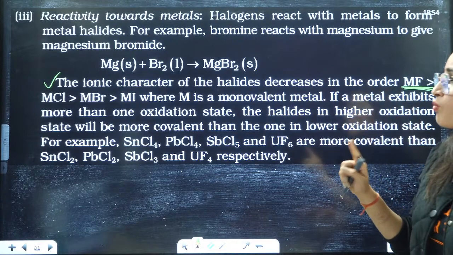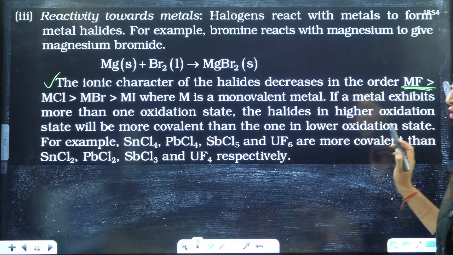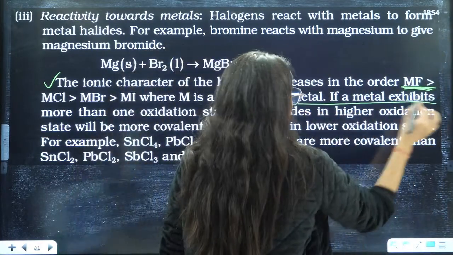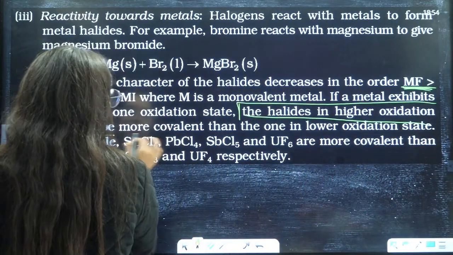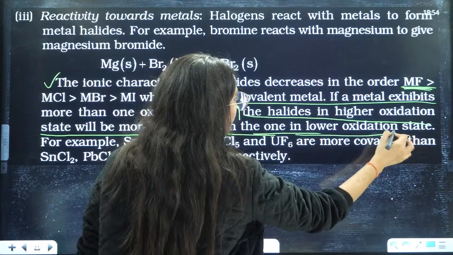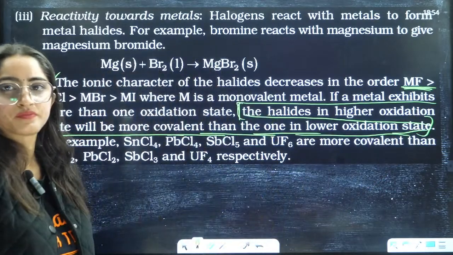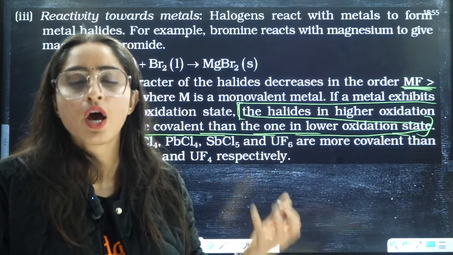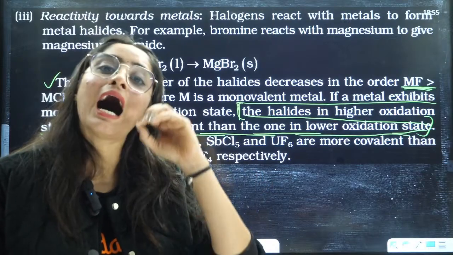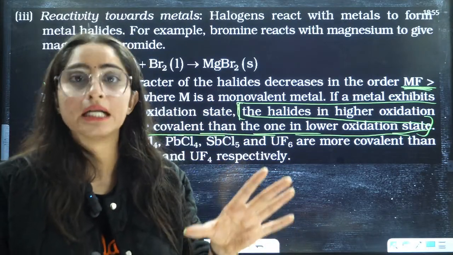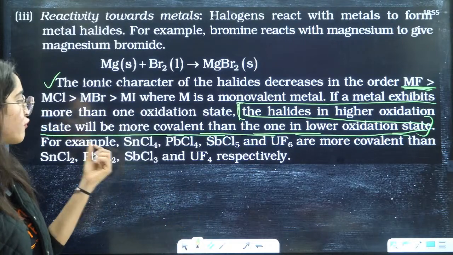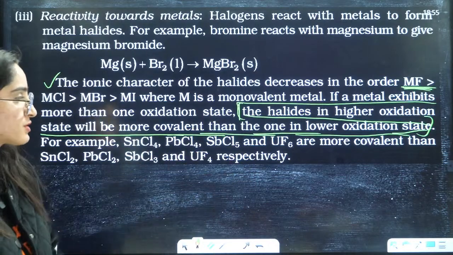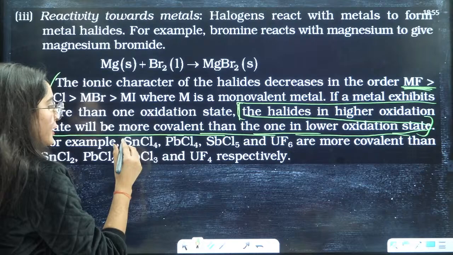If a metal exhibits more than one oxidation state, the halides in higher oxidation state will be, very important line, more covalent than the ones in lower oxidation states. Any metal that exists in maybe 2-3 oxidation states, you are making a halide from that. The higher oxidation state will be more covalent as compared to the lower oxidation state. For example, SnCl4, PbCl4, SbCl5, UF6. In these cases it is +4.